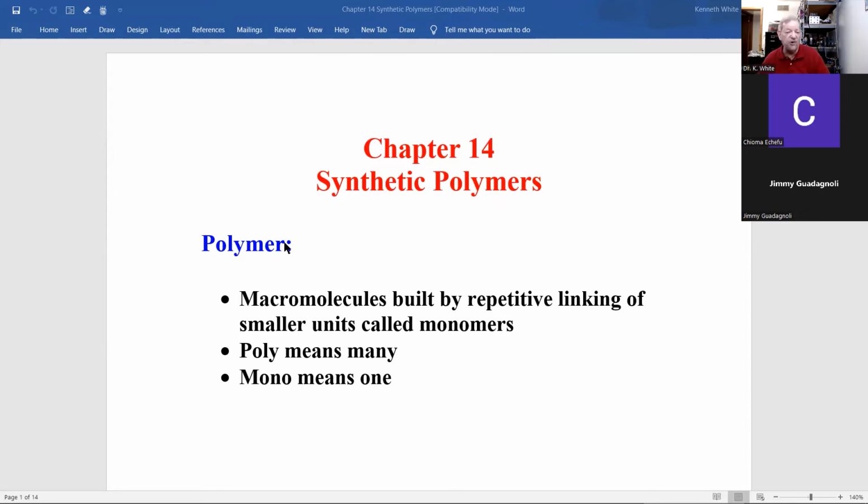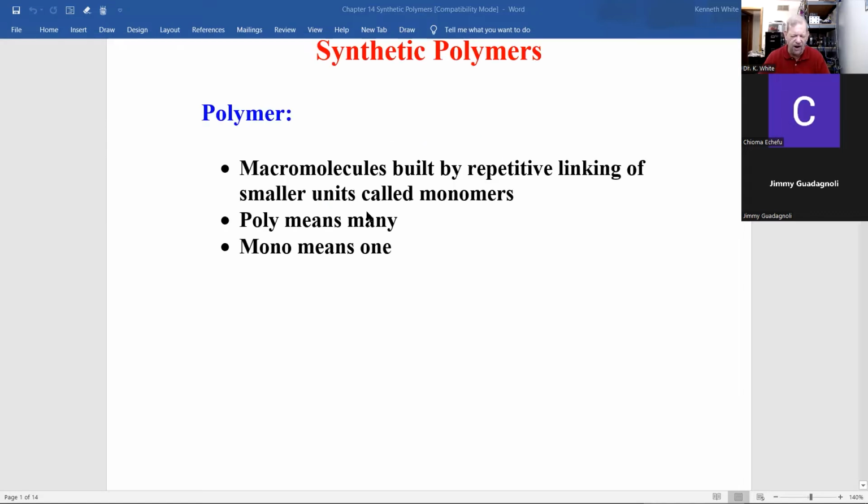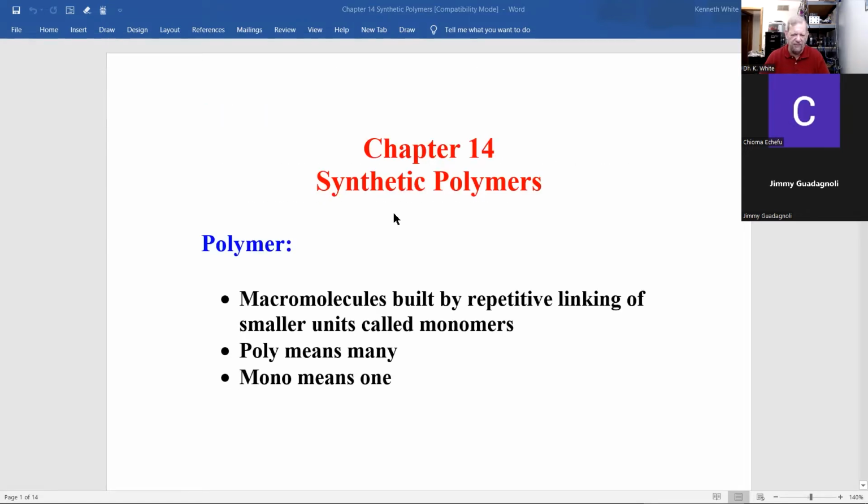This will just give you a good overview of what a synthetic polymer is. Now, remember, the word synthetic means to make, that is, something that chemists make as opposed to Mother Nature.